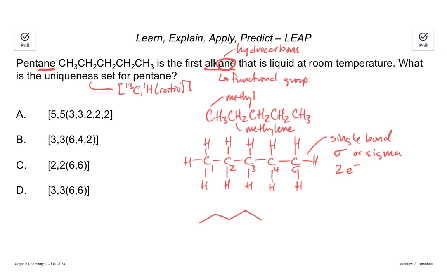So pent means 5, that's 5 carbon atoms. ANE is an alkane, so it's a 5 carbon alkane. And then I have this question, what is the uniqueness of pentane? If anyone watched the screencast, do you want to give a brief summary of what I mean by that?